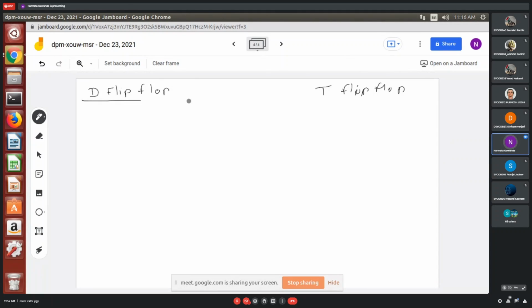In this particular flip-flop, the D flip-flop, we always use the SR flip-flop. You know that in the SR flip-flop, again I will write over here the truth table.